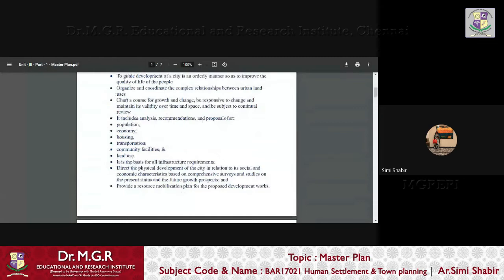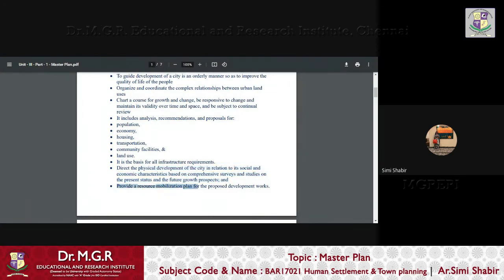Master plan also directs the physical development of the city in relation to its social and economic characteristics, based on comprehensive surveys and studies on the present status and the future growth prospects.